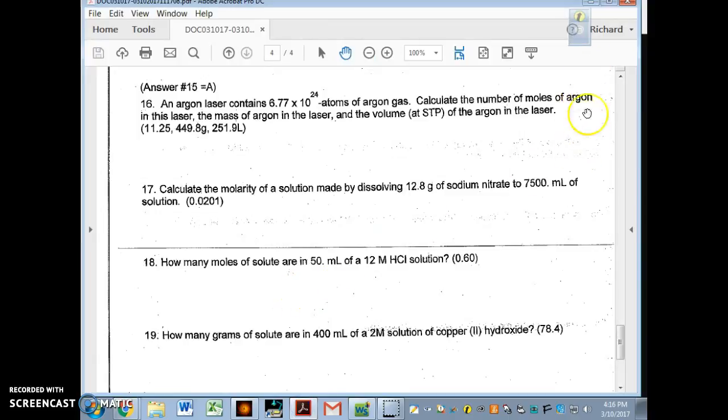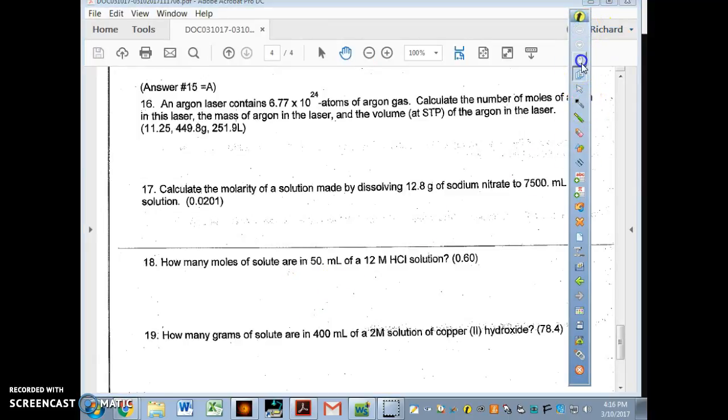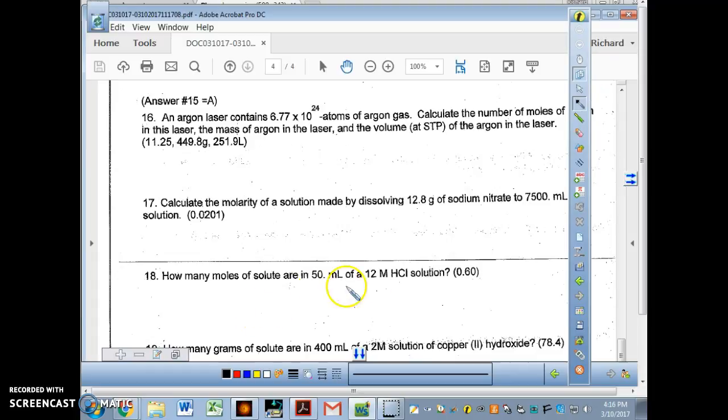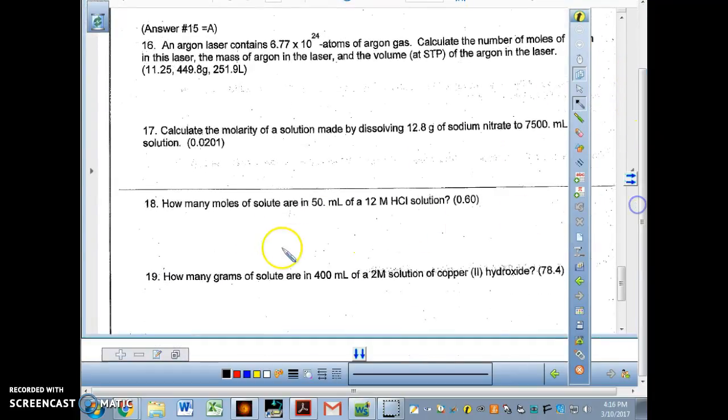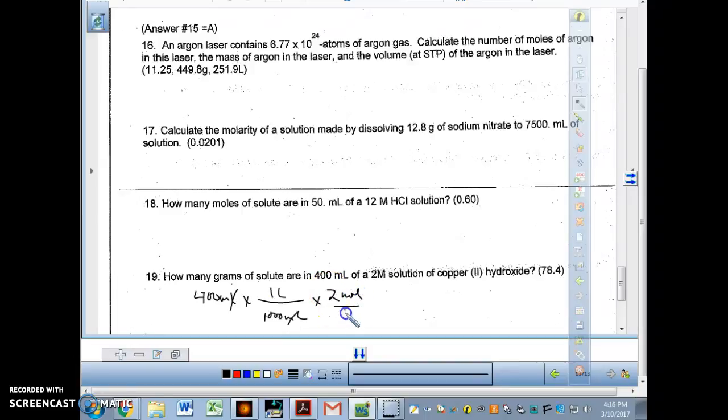So we will go up there and take our 400 milliliters. And remember, the first thing you're going to do to that is divide by 1,000 milliliters in a liter. And we'll multiply by the molarity, which is 2 moles per liter. So notice my liters cancel.